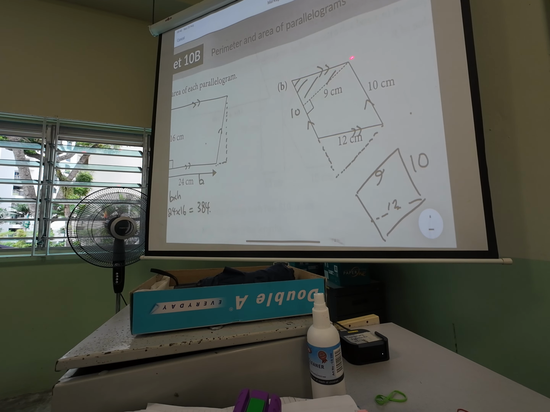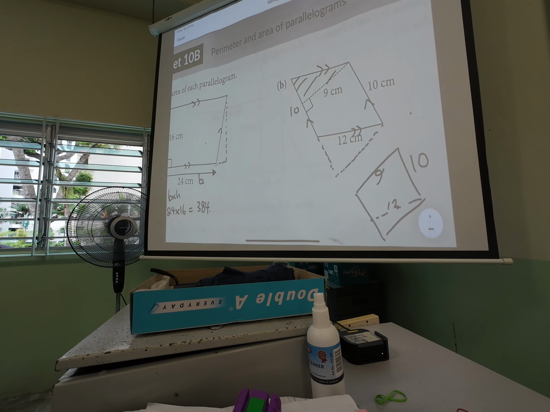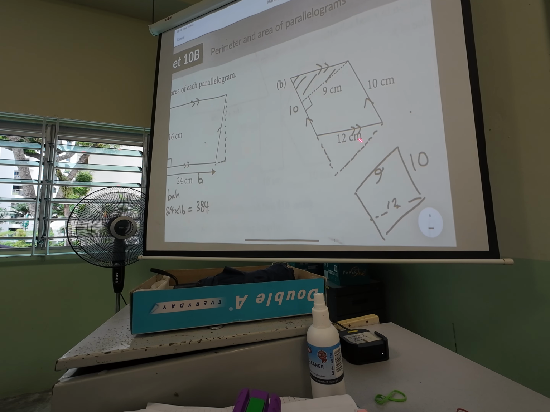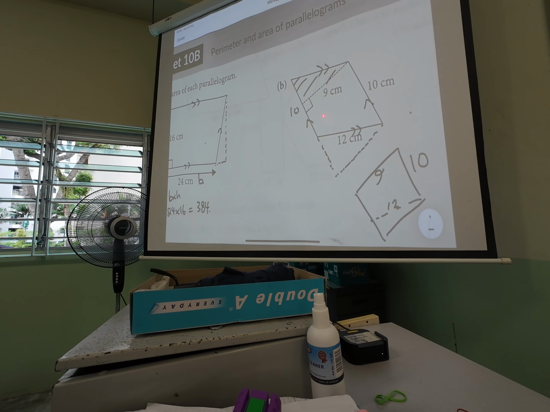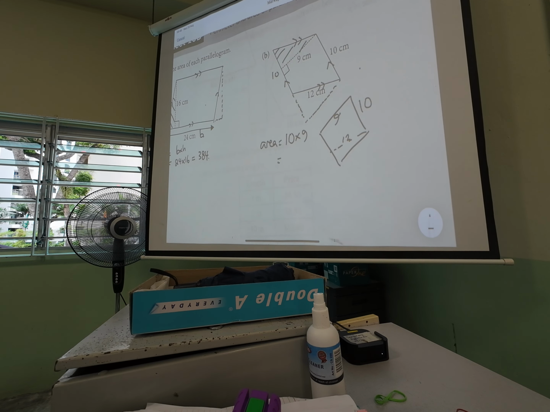But you have to know your base and your height are always 90 degrees apart. From there you can identify your base and your height. This 12 cm is purposely put there to confuse you. They want you to not know which number to use. But base and height 90 degrees apart will help you identify. So the area is actually 10 times 9 equals 90 centimeter square.